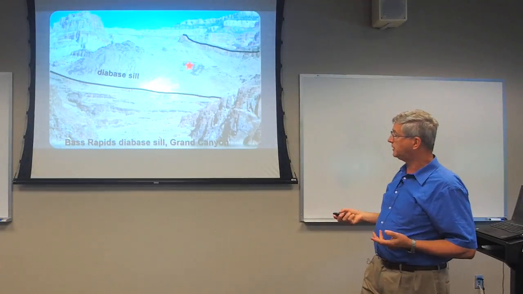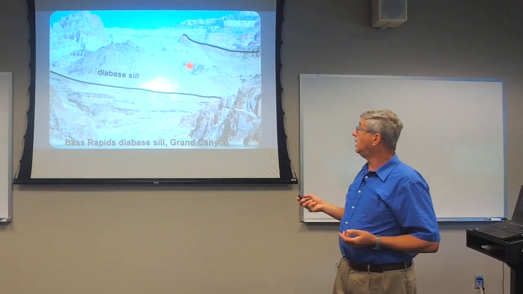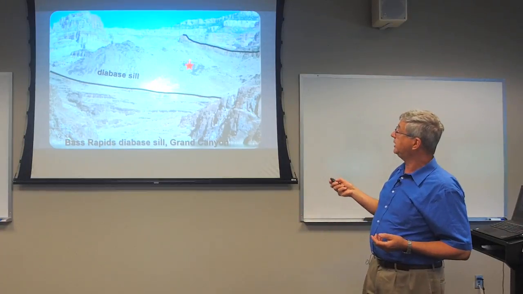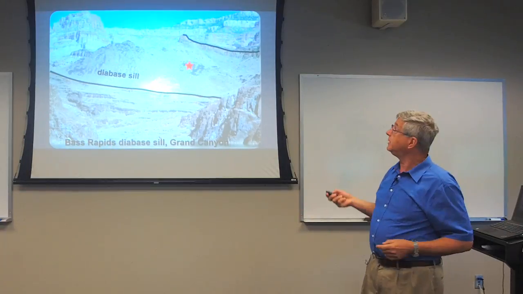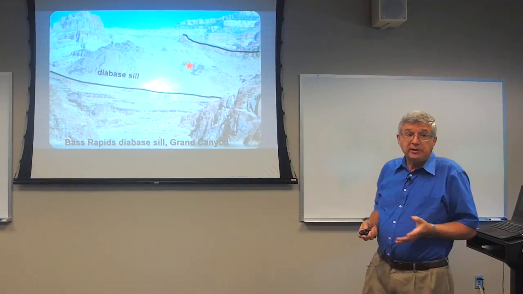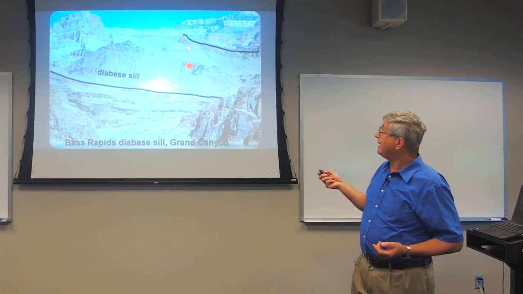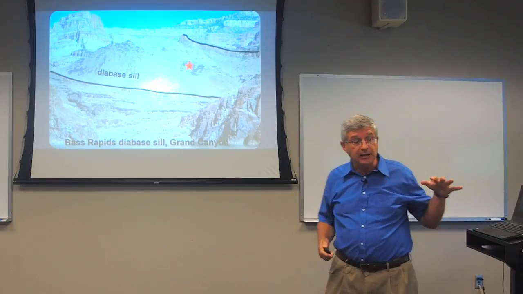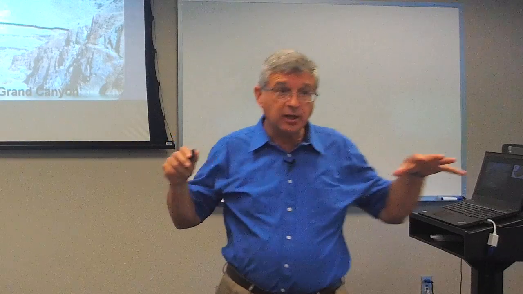Here's another example down at Bass Rapids. This one is much, much thicker. In fact, this was ideal because see this pink rock at the top? That's actually a granitic rock, but it's part of this same sill. What happened, as the magma came in, it cooled slowly enough that the denser, heavier grains of olivine sank to the bottom, and the lighter grains of potassium feldspar rose to the top.